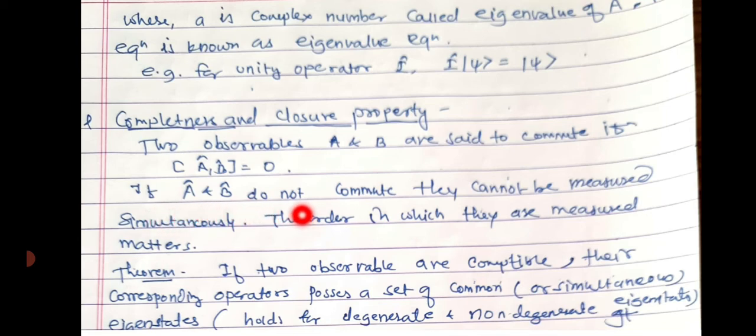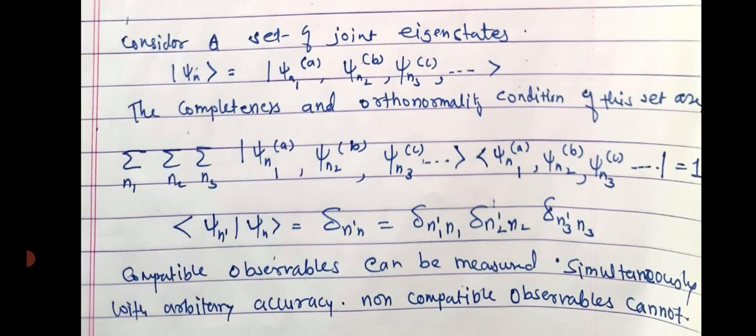If A and B do not commute, they cannot be measured simultaneously. Now the order in which they are measured matters. So, theorem: if two observables are compatible, their corresponding operators possess a set of common or simultaneous eigenstates, and this holds for degenerate and non-degenerate eigenvalues also.